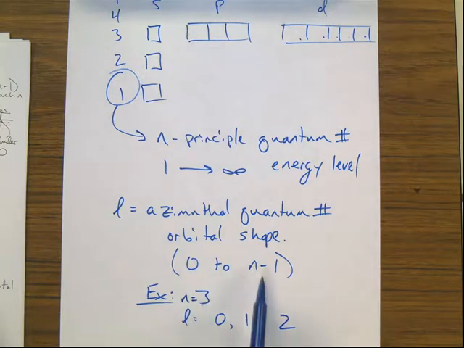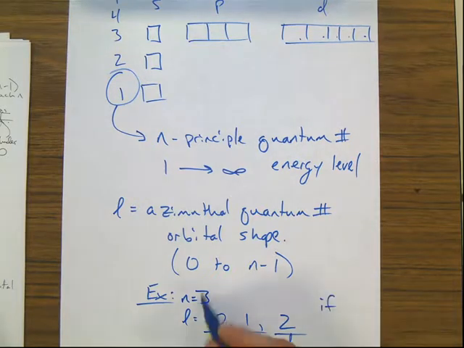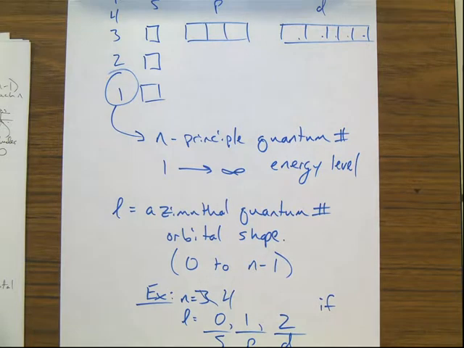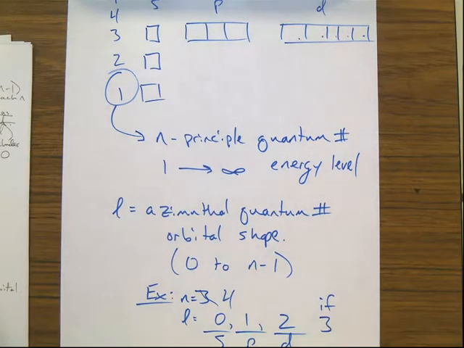If n is 3, the highest you get up to is 2. Each of these azimuthal quantum numbers represents the shape of an orbital. 0 is the s orbital, 1 is the p orbital, 2 is the d orbital, and if I was dealing with an n equals 4 atom, the azimuthal quantum number 3 would represent the f orbitals.